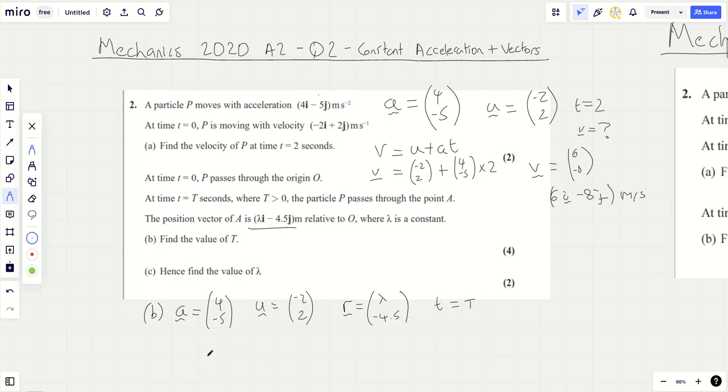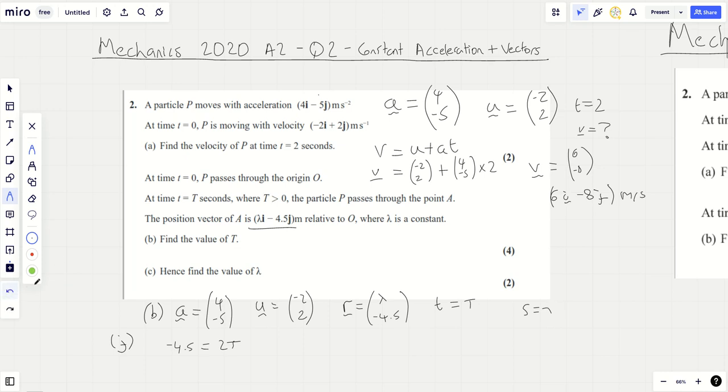Yeah, so what I can use is r equals ut plus a half at squared, but I'm going to have to use it twice. So if I look at the y components first, the j components, if you like, I've got minus 4.5 equals ut, so that's 2t, so capital T though. So just to make it clear here, I'm using s equals ut plus a half at squared.